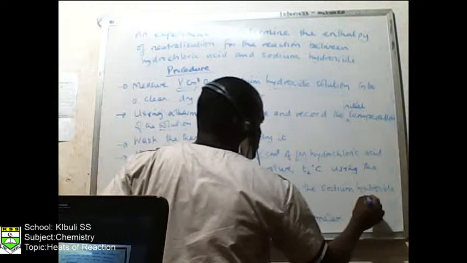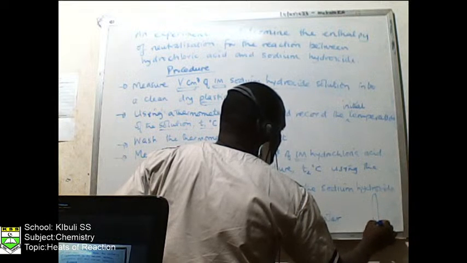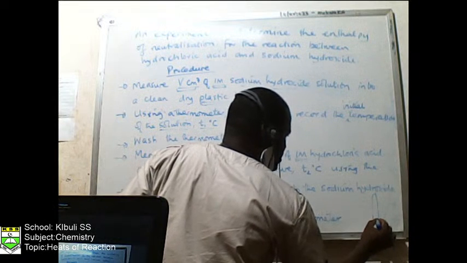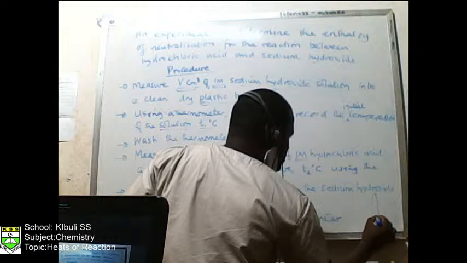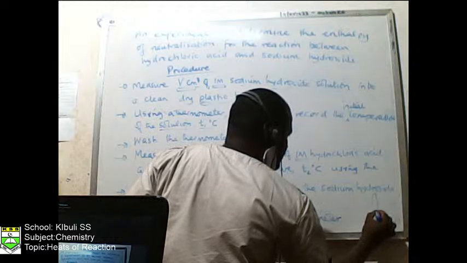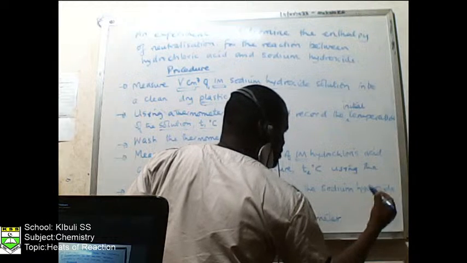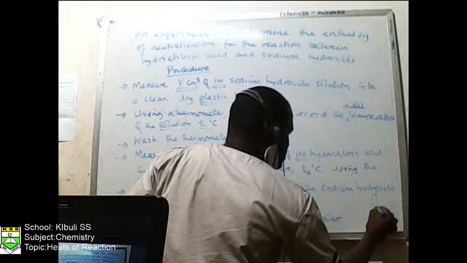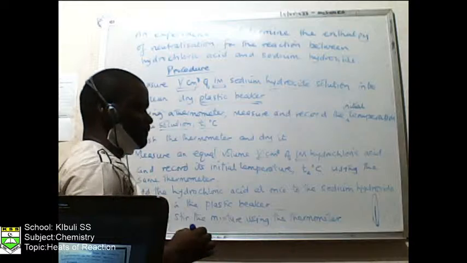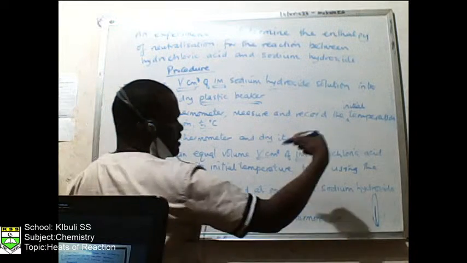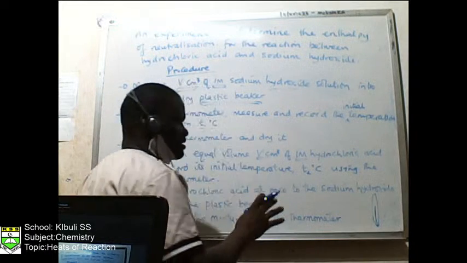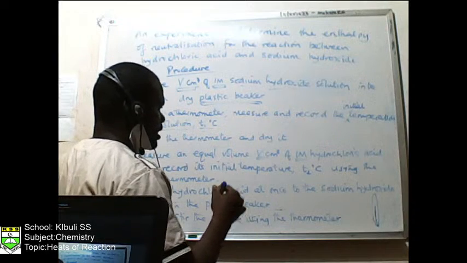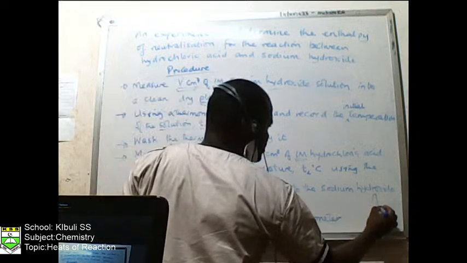So the temperature will rise. If this is our thermometer, the temperature will rise from our initial value slowly by slowly, because the reaction is producing heat, and then it will stop rising. When it stops rising, that means that the reaction is complete, and that's the maximum attainable temperature.